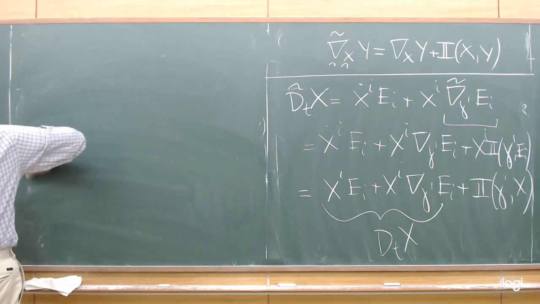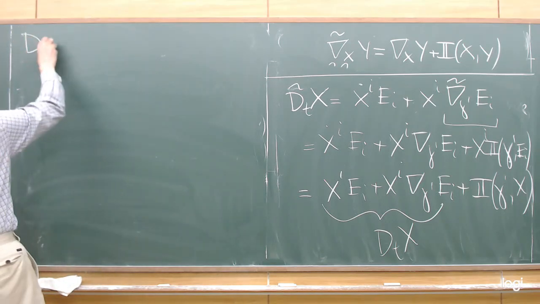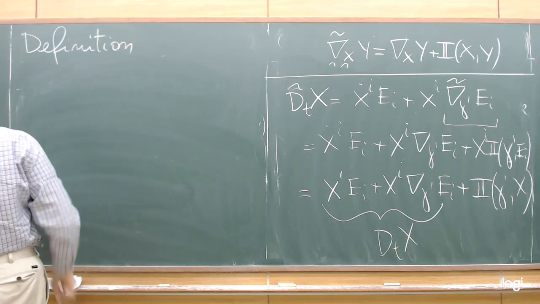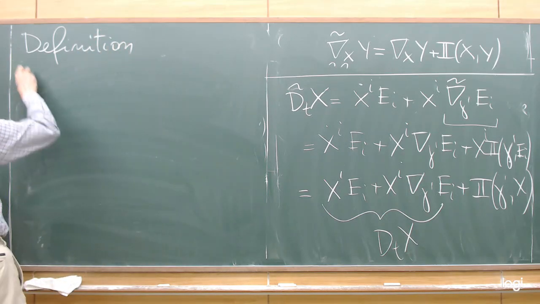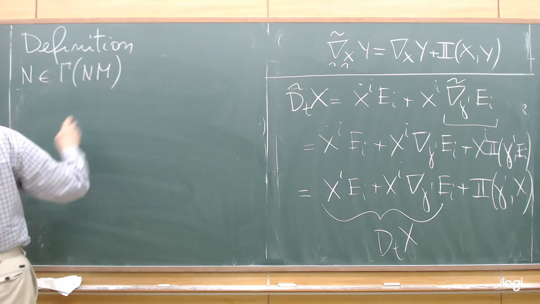So let's give this definition. Suppose that N is a smooth section of the normal bundle.